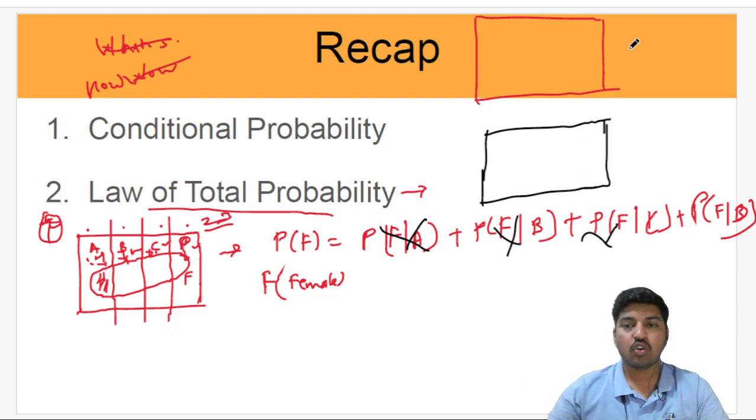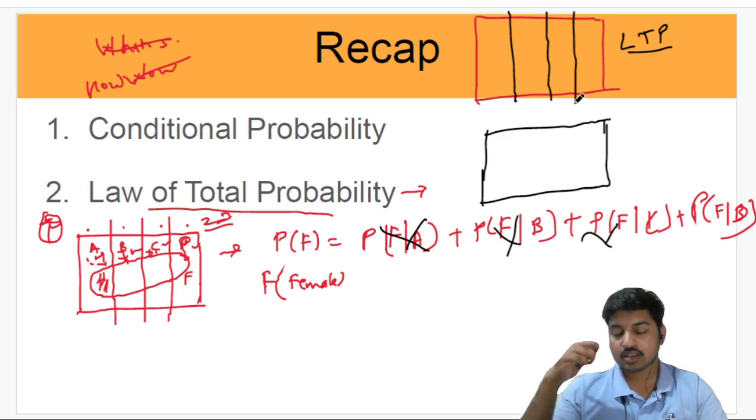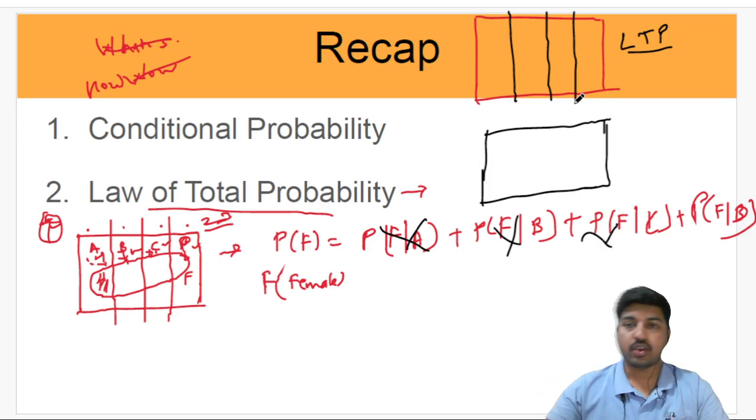So in case of law of total probability, see, these are the states. Now in your batch, students are from how many states? 5, I think 5 or 6. Okay, let it be 5.